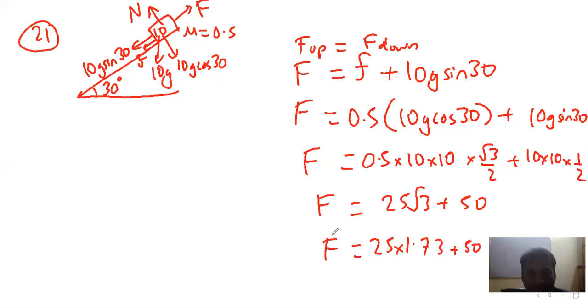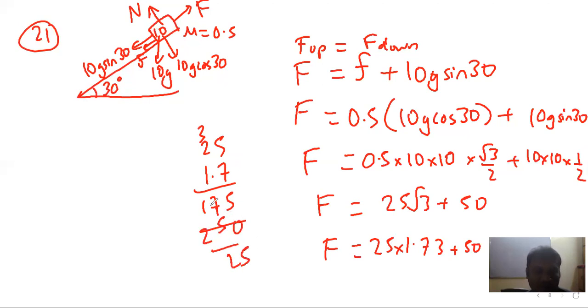So let us try to find the value of this force. Let us approximate this 1.73 as 1.7. So 25 into 1.7, we have to find out. So this is 17, and we have 5 and 2 here.